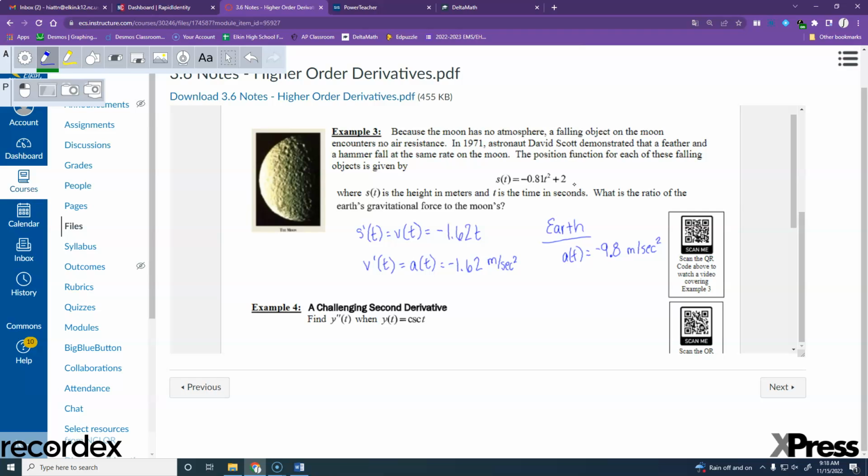So Earth is first, so it'd be negative 9.8 over negative 1.62. And if we do that, we get 6.049. So there's about 6 times more gravity on Earth than there is on the moon.